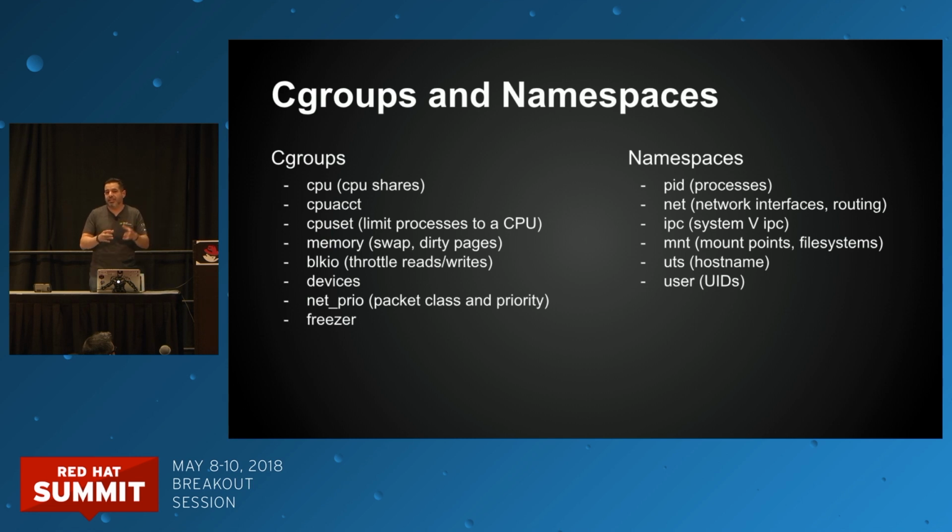But in fact, it's not a real virtual machine. It's just a feature of the kernel that restricts the process, and that process feels that it has those specific files, libraries, and resources.